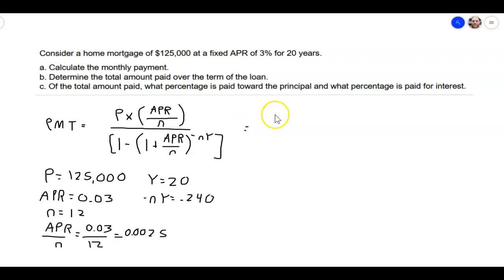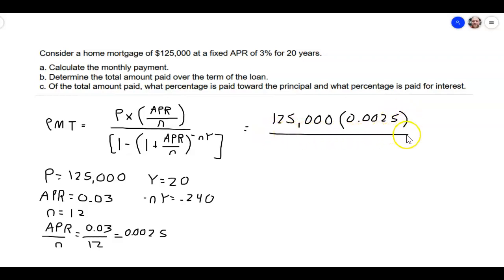So this is going to be equal to 125,000 times 0.0025, so that's my numerator.